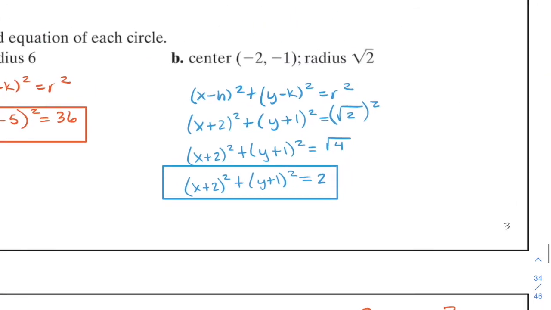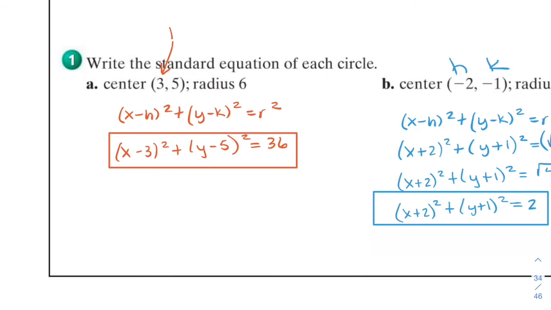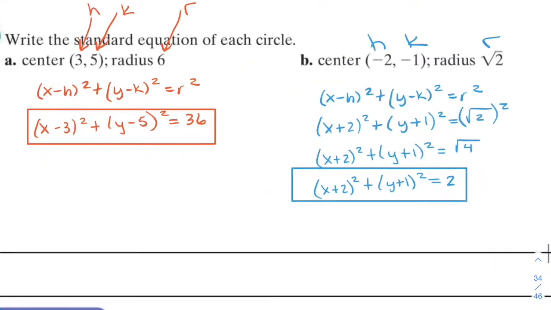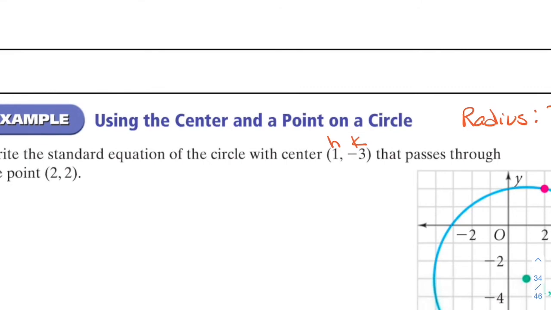Let me label them prior. These are my h and k and my r. I just want to be consistent. So here's my h and k. What I don't know is what my r is.